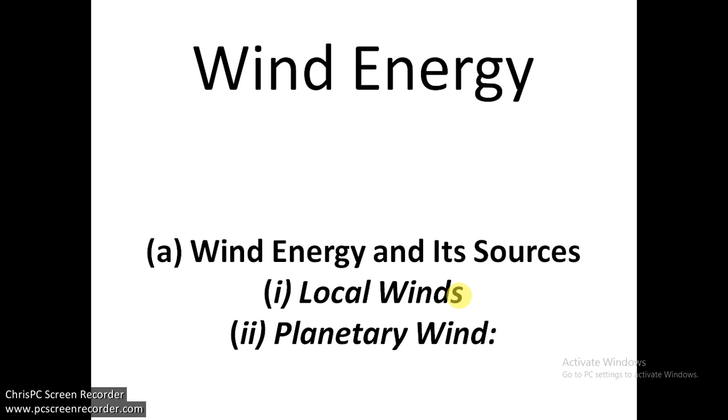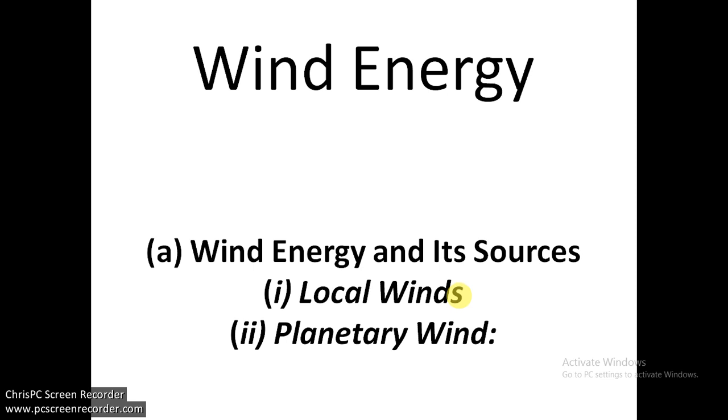So if we make a device in such a way that the kinetic energy of this air is converted into a thrust, a couple or movement that can rotate a rotor, then this rotating device is coupled with a dynamo or generator.